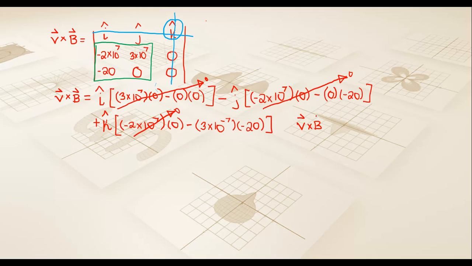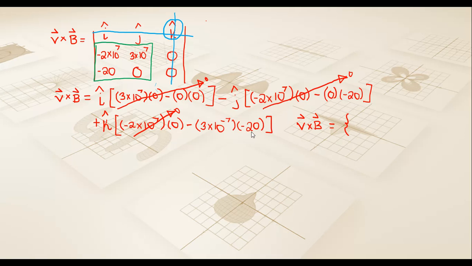So V cross B would then be equal to, now it's up to you, we can write this in Cartesian vector notation. What this would look like is negative 3 times 10 to the negative 7 times negative 20. Negative times a negative would be a positive.